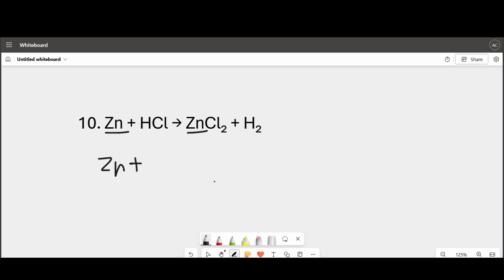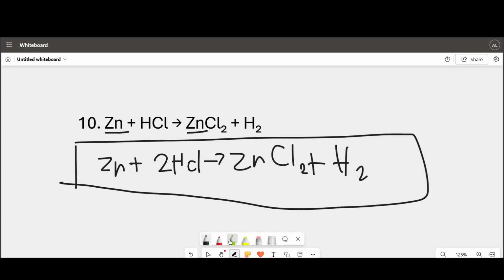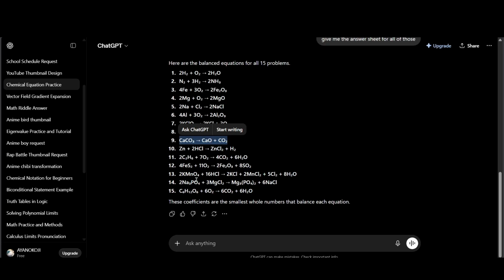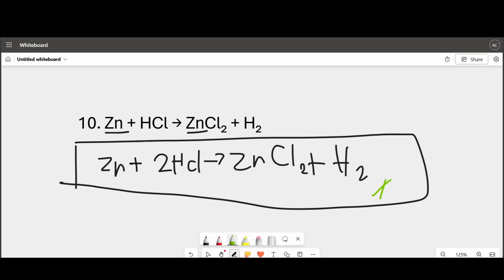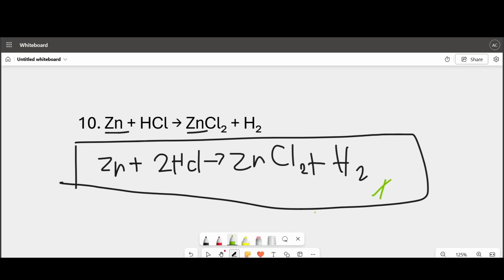In order to get two of those, you just need to add two HCl. And I believe that'll be balanced. That is our final answer. Let's check the answer sheet. Zn plus 2HCl gives ZnCl2 plus H2. Okay, that's correct.